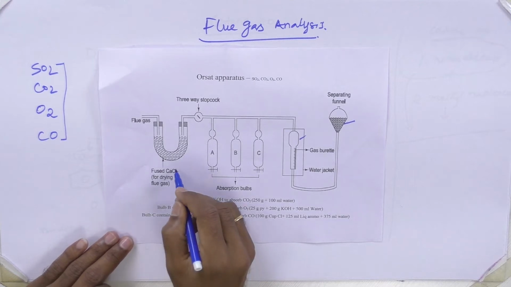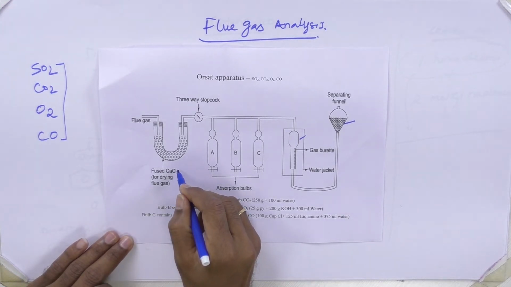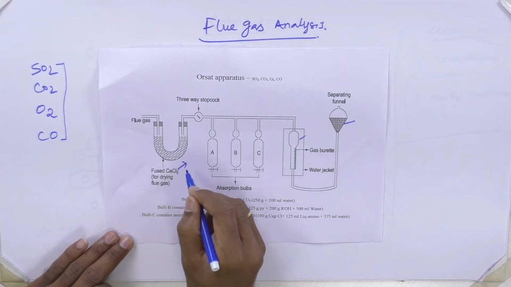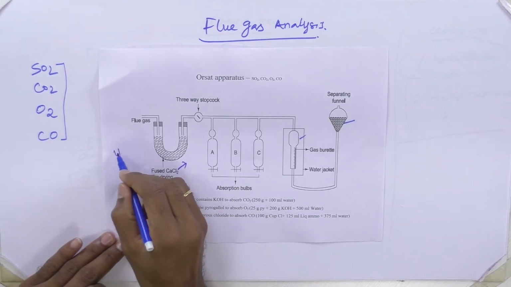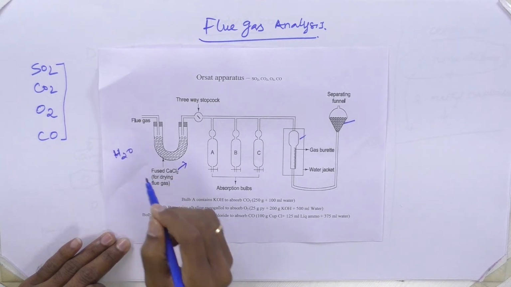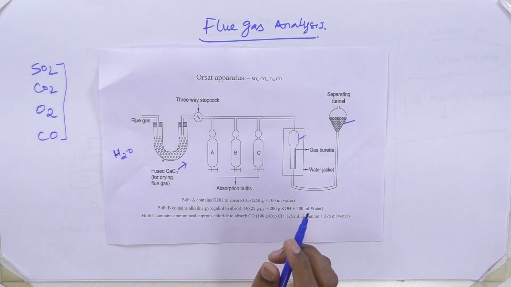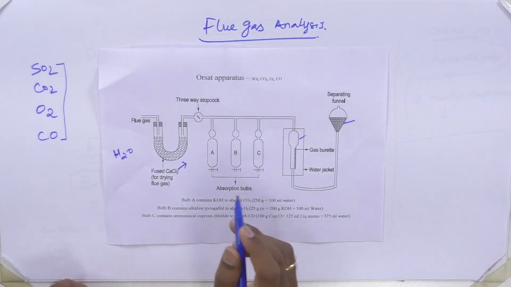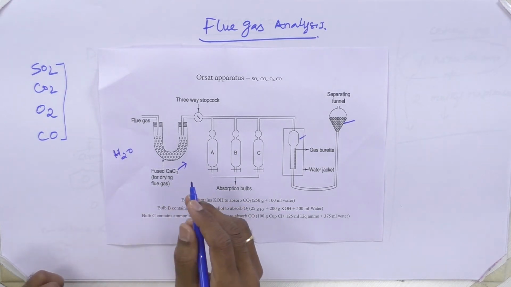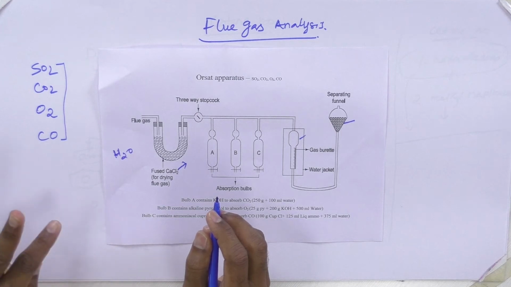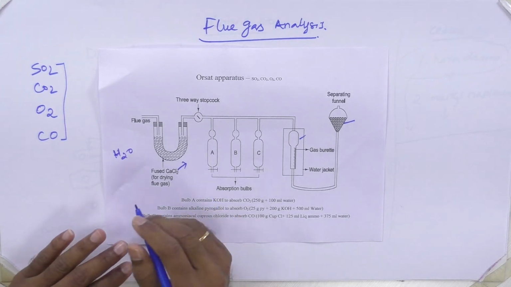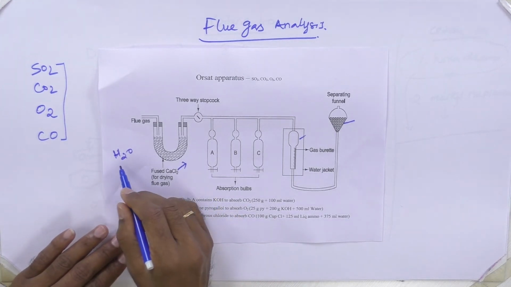The calcium chloride is a kind of dehydrating agent. The flue gas may have some moisture content. Once you get the flue gas from the engine compartment, it may not have water molecules, but when you store the flue gas in a container, there is a possibility of condensation.